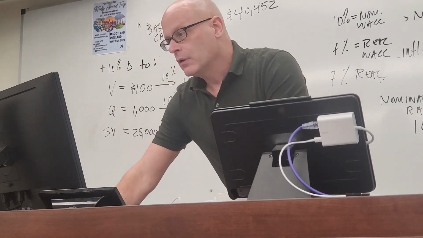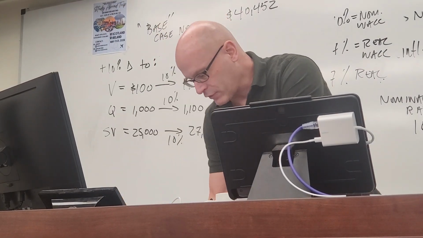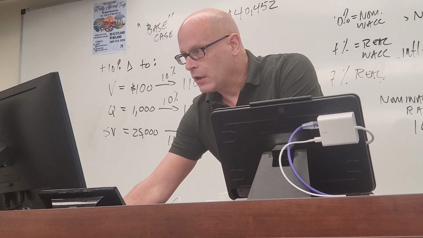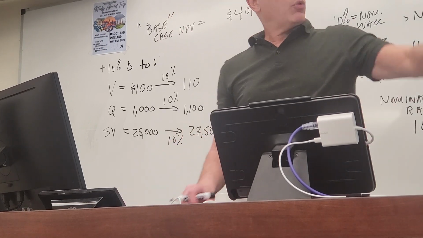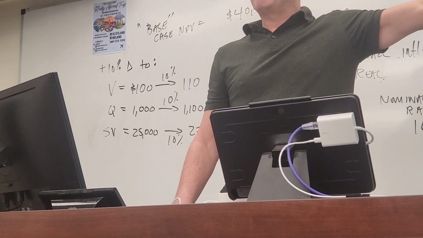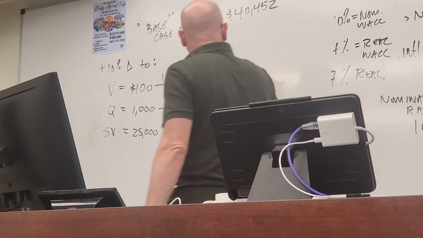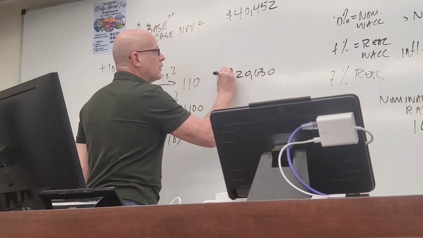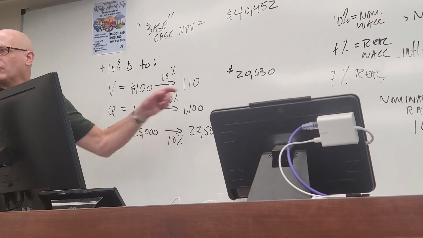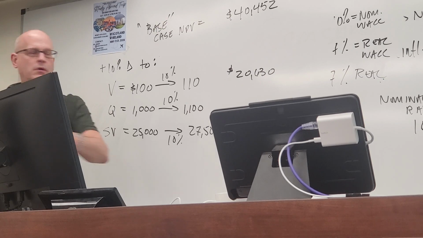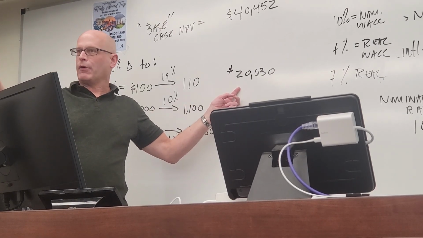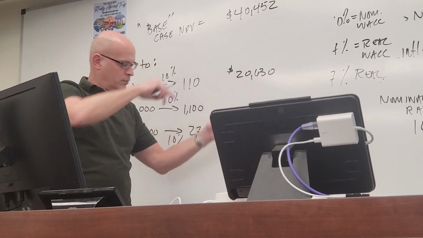So let's come up here and make my variable cost 110. It's now 20,630 down there. Okay? So that means my NPV is now 20,630. I increase my cost, everything else left constant, and my project doesn't look as good. That kind of makes sense, right? Same revenues, but higher expenses, lower NPV.